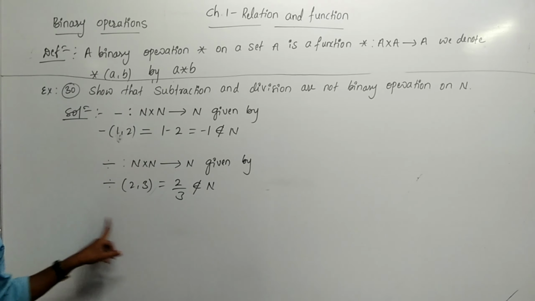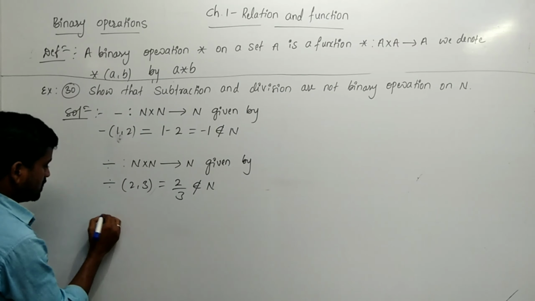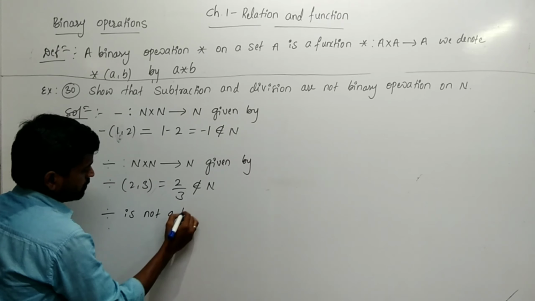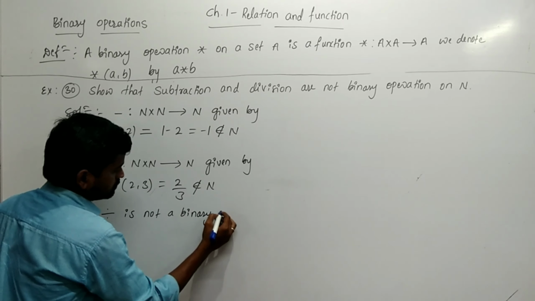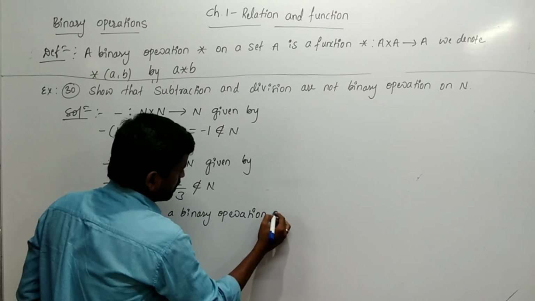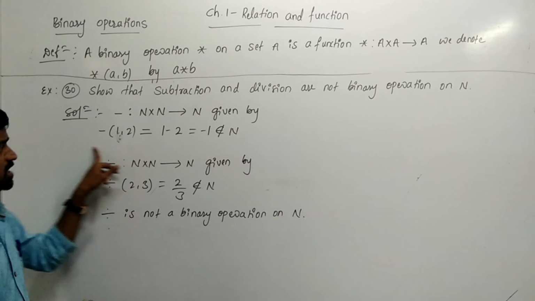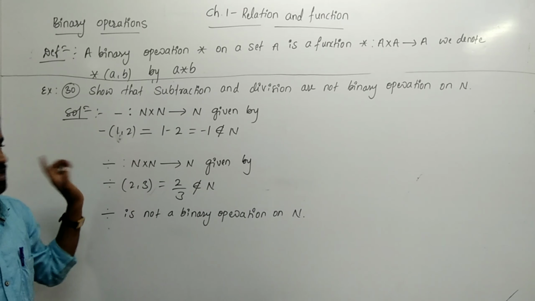Therefore, division is not a binary operation on natural numbers. Same here, subtraction is not a binary operation on natural numbers.